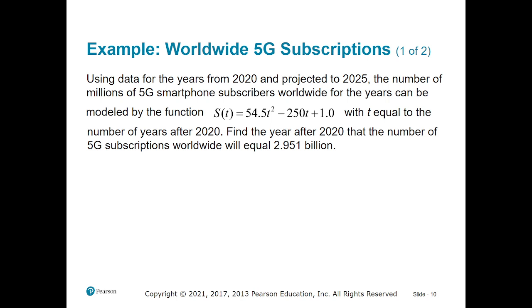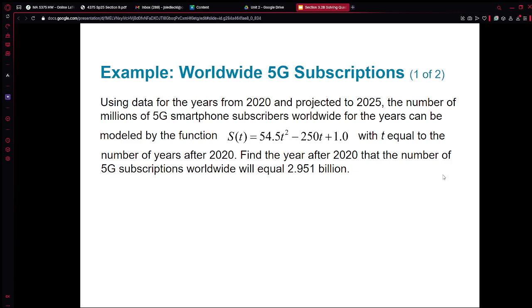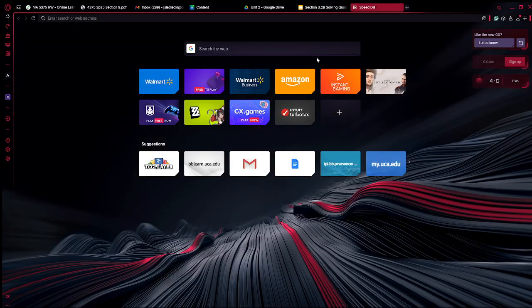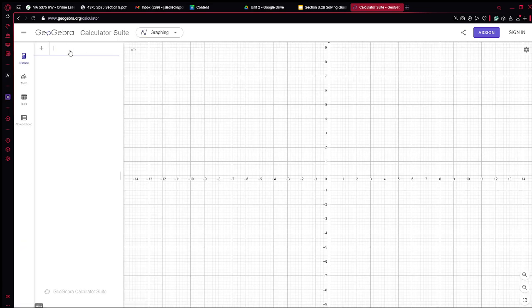And so if I wanted to graph this equation, then it would look something like this. I want to first graph this as 2 separate lines in my calculator.